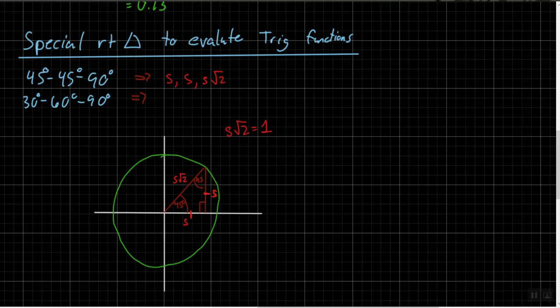If I want to get S all by itself, what should I do in this equation? What's happening between S and the square root of 2? Right now it's S times the square root of 2.